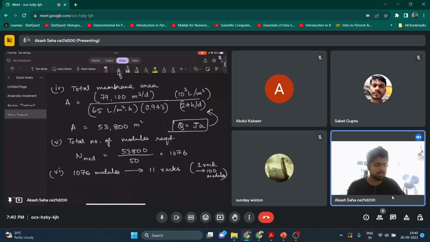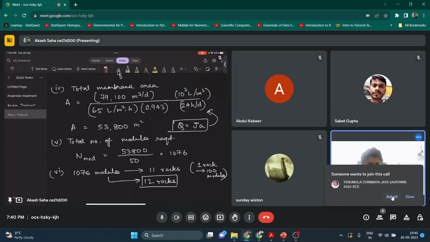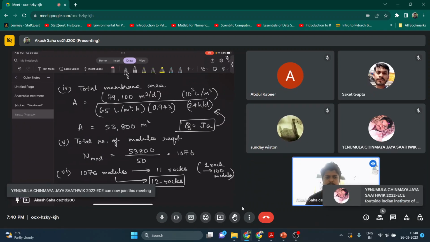But this will be totally packed up. So instead of 11 racks, we will generally give some more spacing, and we can give 12 racks, just to give some spacing in between. Okay, so this is all about the design of the membrane system which we have.